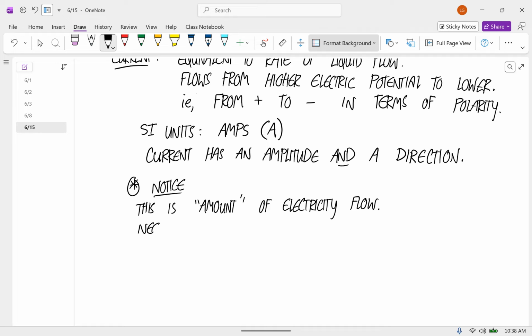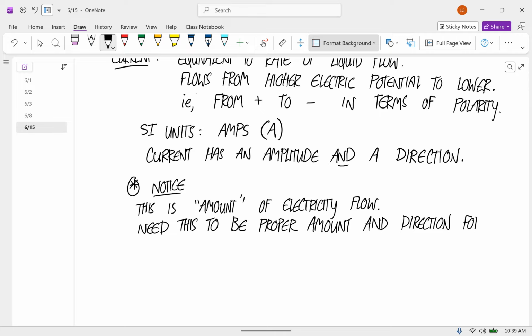So we need this to be the proper amount and direction for a given device.